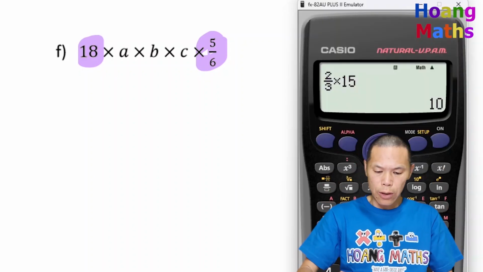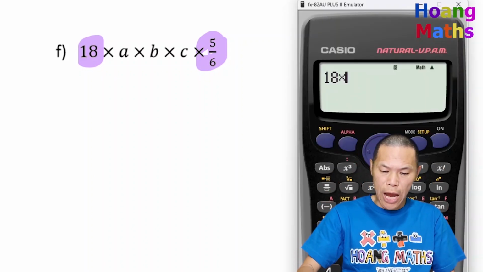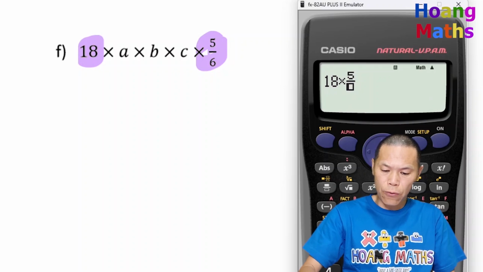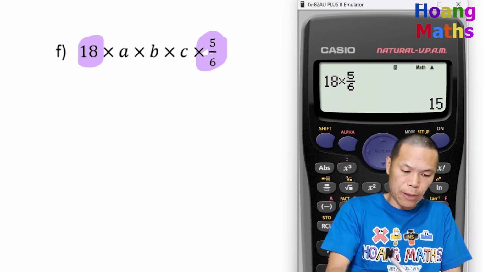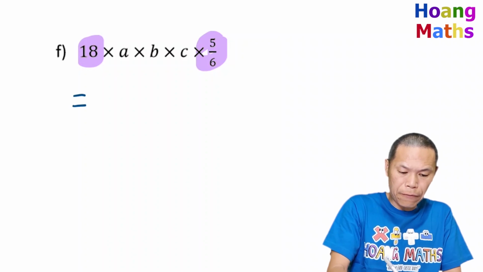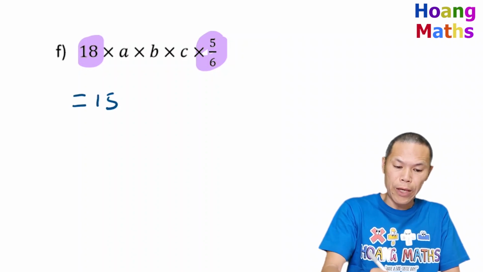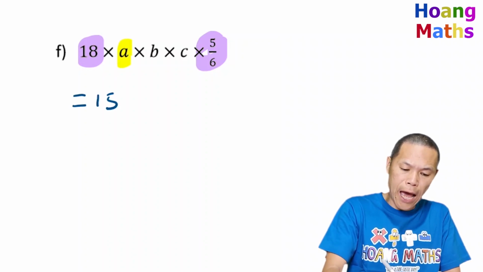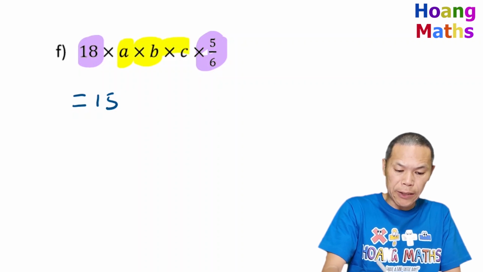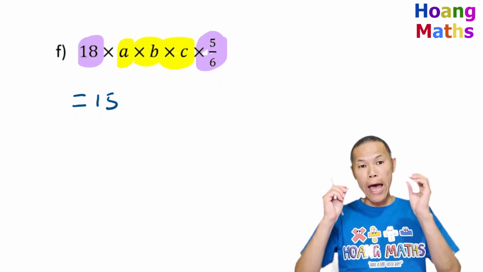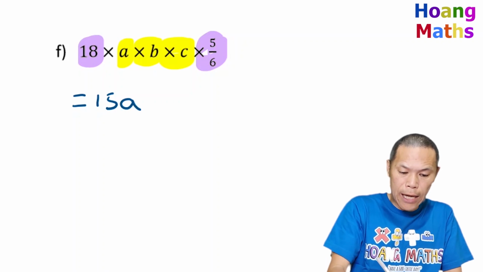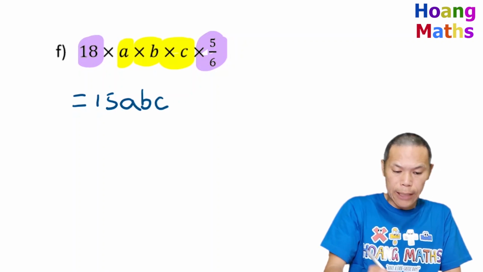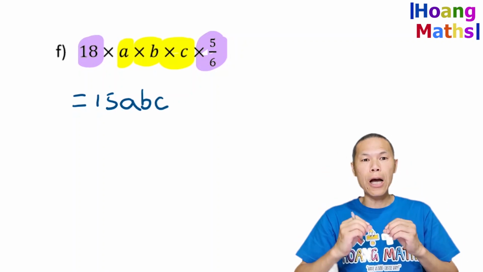So just go 18 times 5/6. There you go, 15. So let me just write this down, 15. And we have letters here, A times B times C. So A times B times C is equal to ABC. So there you go.